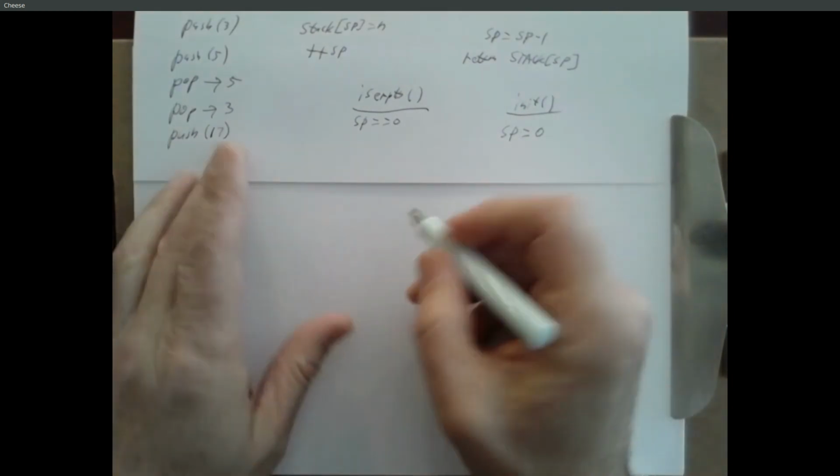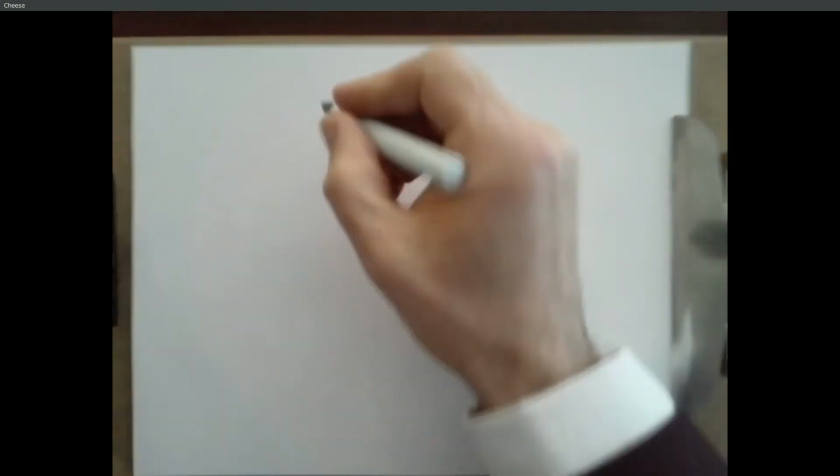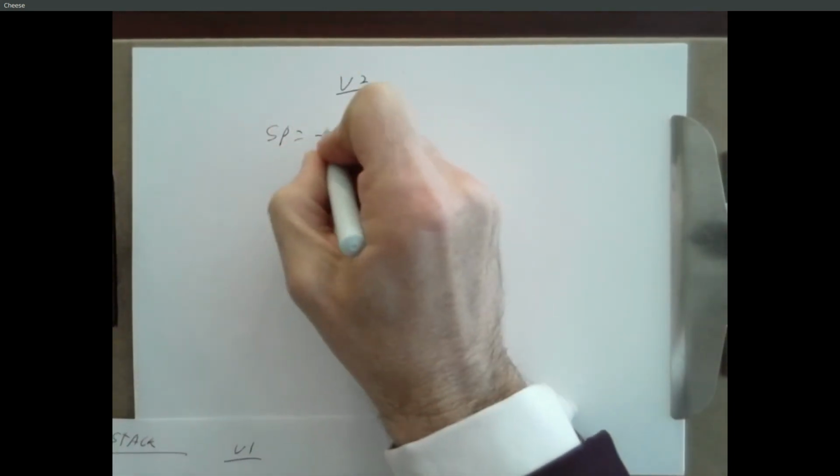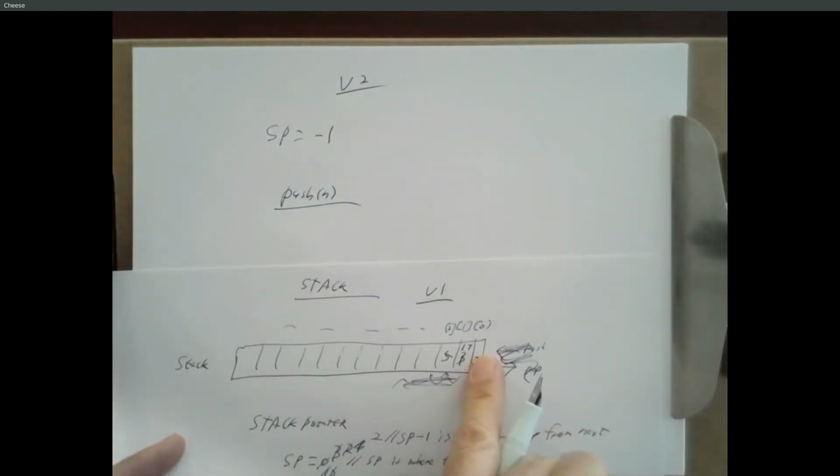Okay, so this is one approach, but let's look at an equally good approach. So let's do version 2. So initialize the stack pointer to -1, right? Okay, so what does our push routine look like? Because we can't store at element -1, it'll just be the opposite.